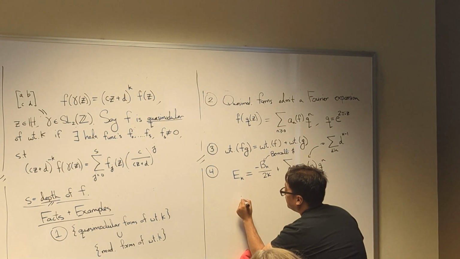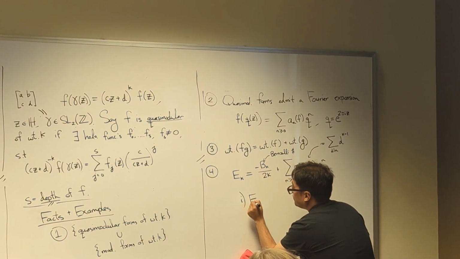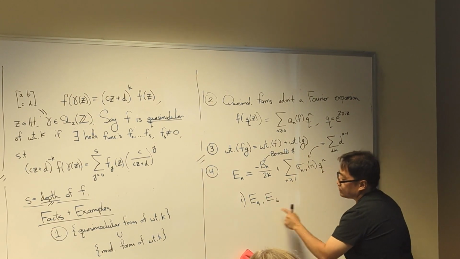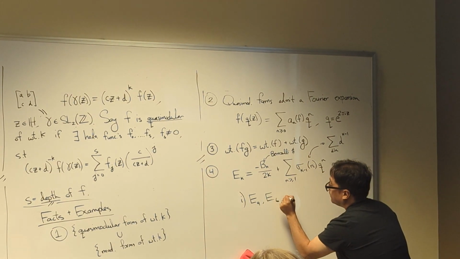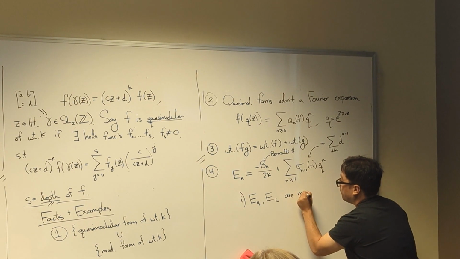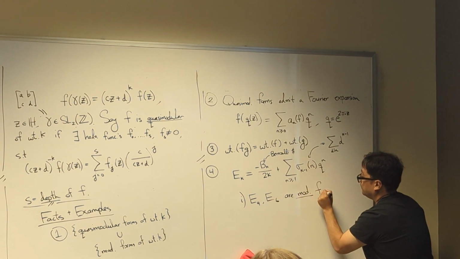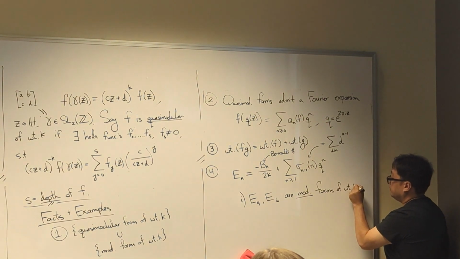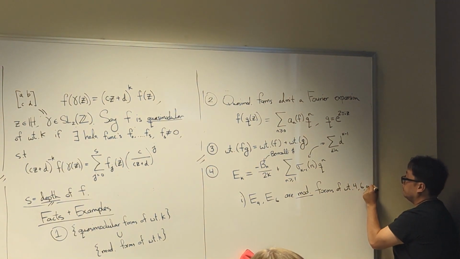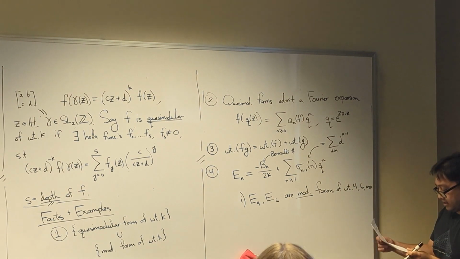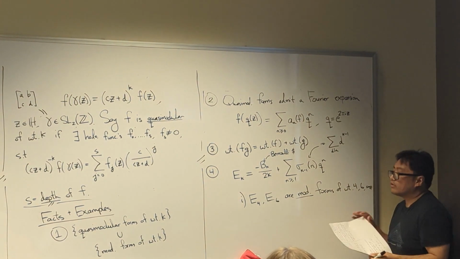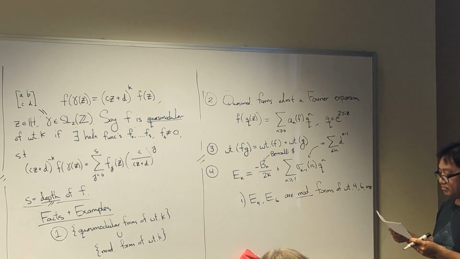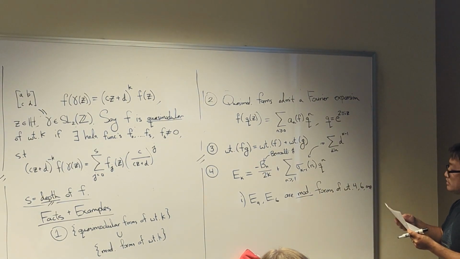What you need to know about them is that E4 and E6 happen to be modular forms of weight 4 and 6. It turns out there are no modular forms of weight 2, but that's why we have to generalize to quasi-modular forms.